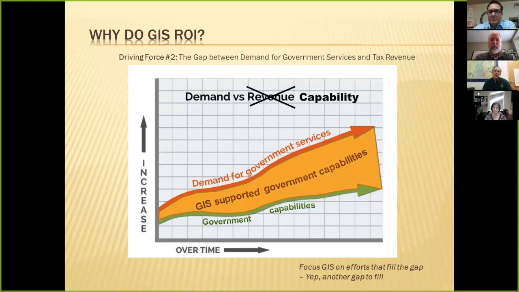So these are the government managers that are embracing change, and this is GIS's opportunity to bring your spatial solutions into their changes. So understanding this general government deficiency really sets up our next driving force.